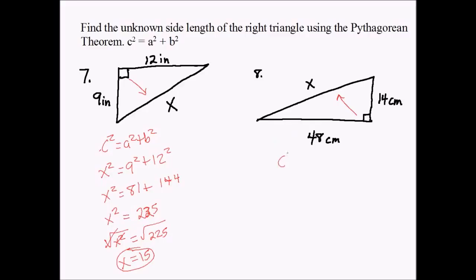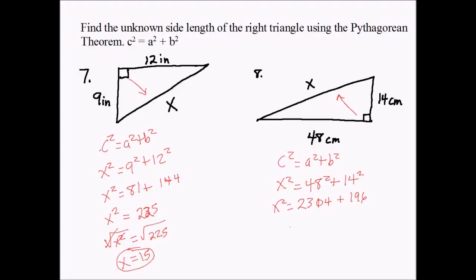And then right here, you have c squared equals a squared plus b squared. So you have x squared, which is equal to 48 squared, which is not on your chart, so just go ahead and plug that into the calculator, plus 14 squared. So now we have x squared equals 2,304 plus 196, which is in your chart.